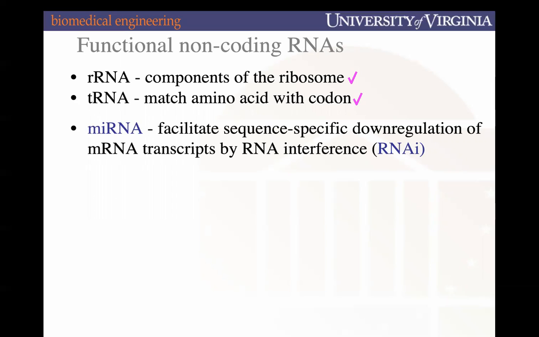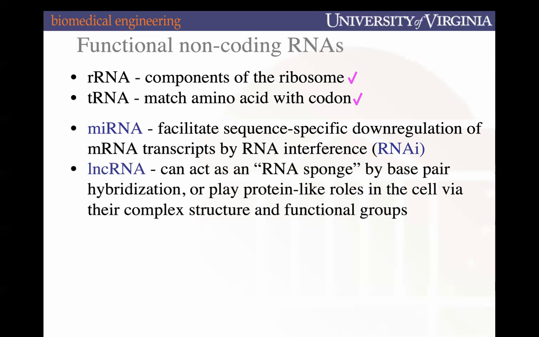MicroRNAs are really small non-coding RNAs that have a very sequence-specific downregulation of mRNA transcripts, meaning that they're complementary to some specific mRNAs, and they then interfere with and halt their translation and promote their degradation. That process of blocking mRNA transcripts from being translated and promoting their degradation is called RNA interference. That was an entire finding that won the Nobel Prize a couple decades back.